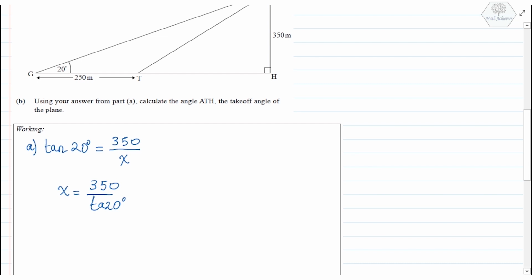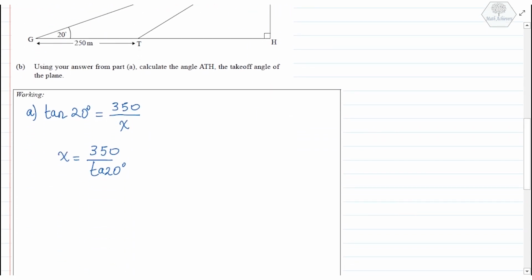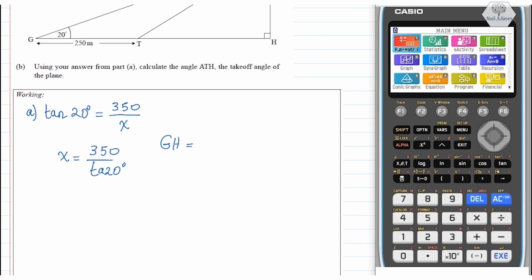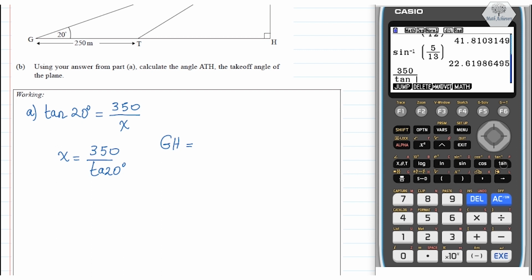So I can find the side, which is the unknown, GH. It is now equal to, I can use my calculator. I go to Run Matrix. I use 350 divided by tan 20.